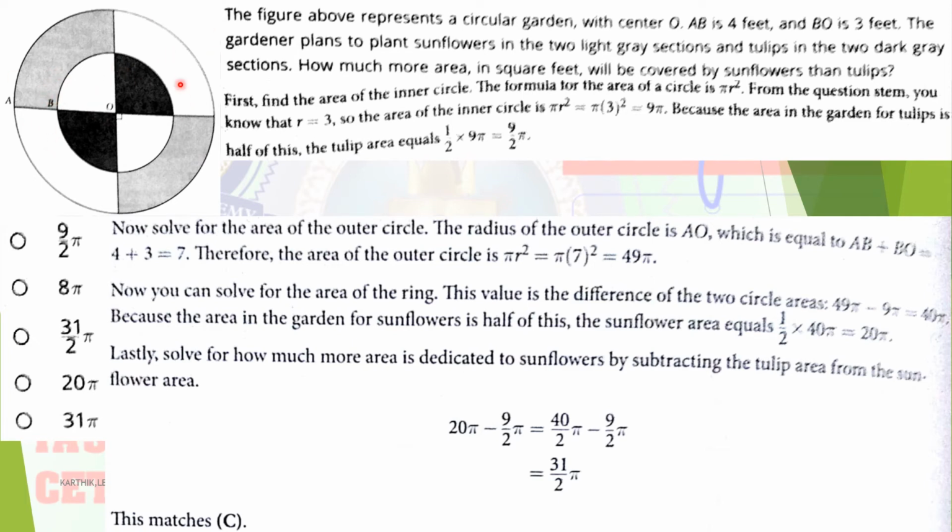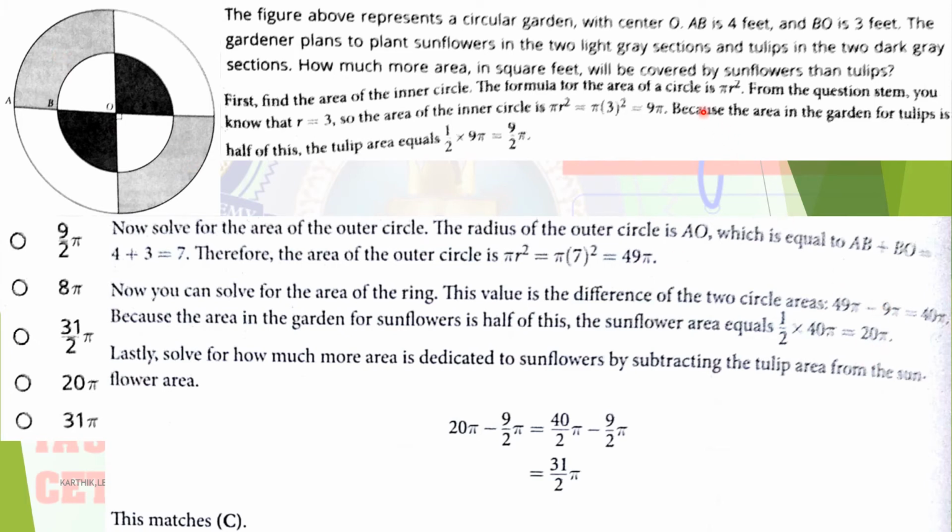You have to subtract the inside circle area, which is 9 pi. 49 pi minus 9 pi is 40 pi. You have to divide it by 2 to get the sunflower area, since it covers only half, so that is 20 pi.